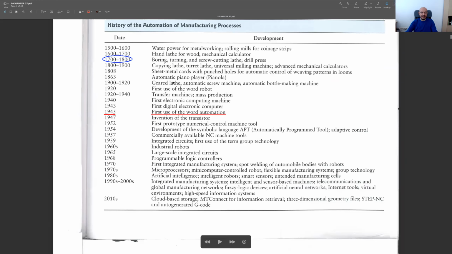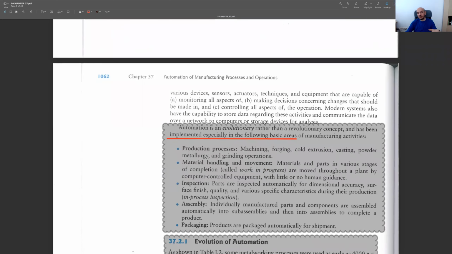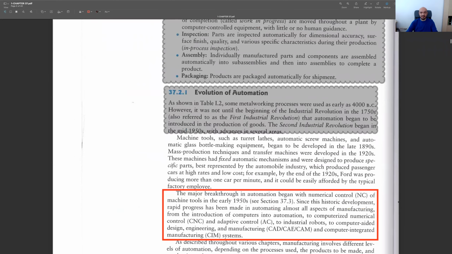So we have little improvements, but at the end, when you compare 2010 with respect to the 1900s, we have a huge improvement. So we can say that throughout the time period between, let's say, 1900s and 2000s, we have an evolutionary improvement in terms of automation and manufacturing processes.